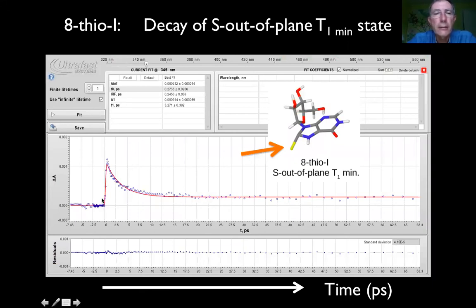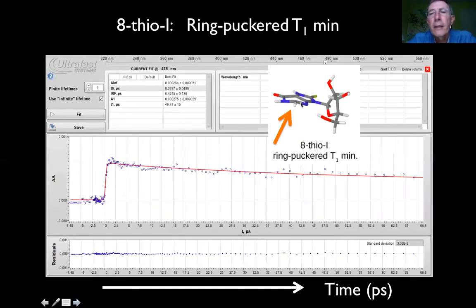And basically, you see here, the decay is very clear, how the decay quickly goes almost to zero, and that's particularly for the spectral line which shows this sulfur atom moving out of the plane. If you have puckering, which is another conical intersection, you have a different photodynamics, but again, it works pretty well.